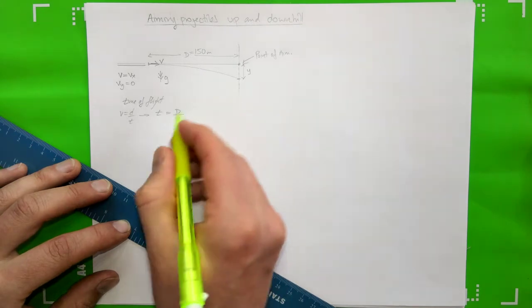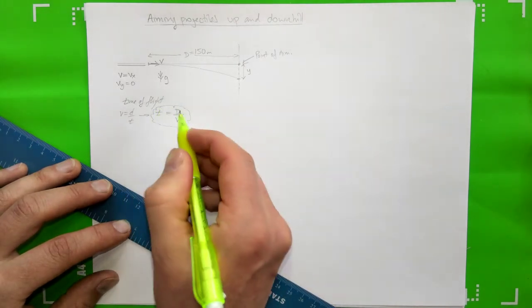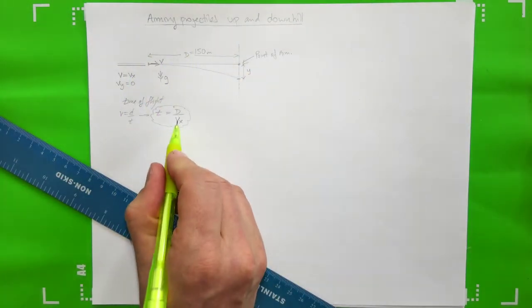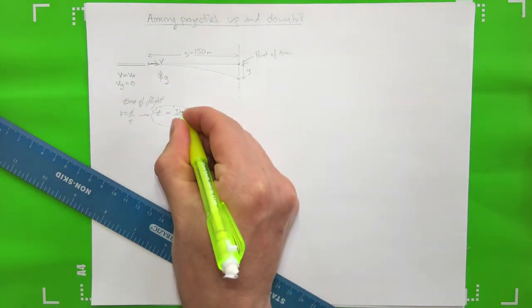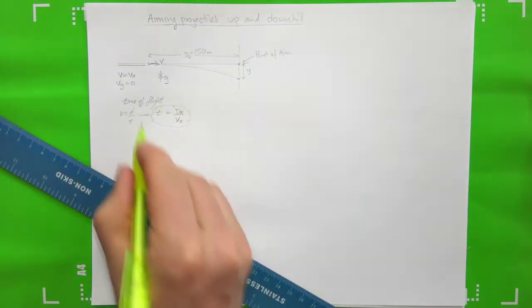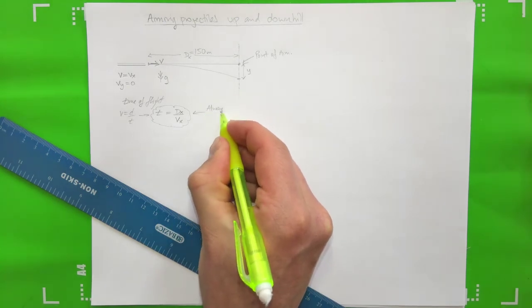So this is very important because this equation is valid no matter where the projectile is aiming, even if we're aiming uphill or downhill. If we know the x component of the initial velocity and that remains constant, and if we know that dx is the distance along the horizontal direction, then this will always be true. So let's say that this is always true. It's a handy thing to remember.